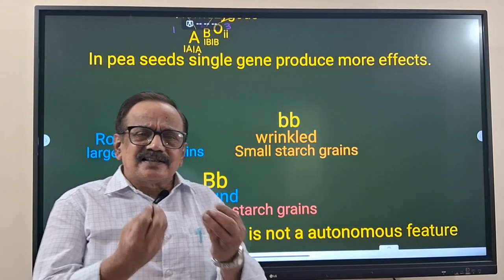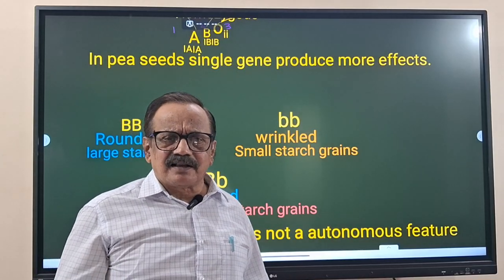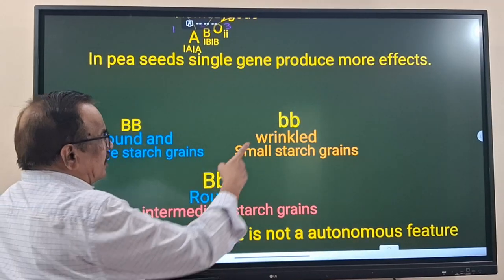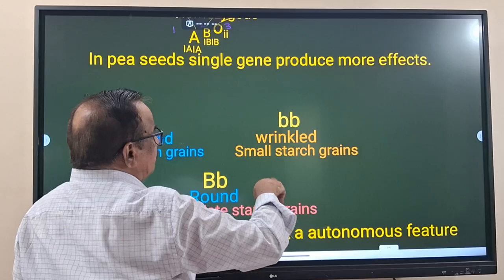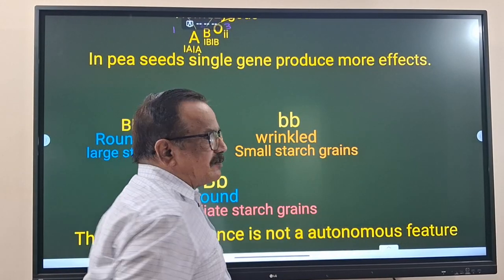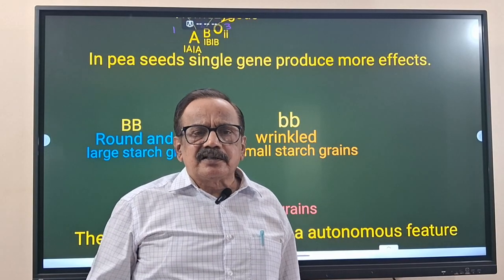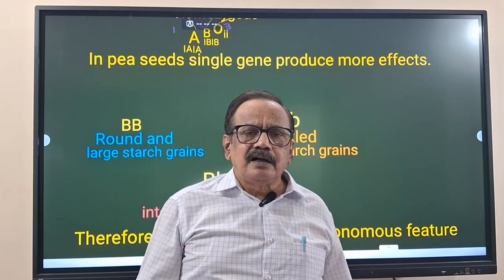Because the starch grains are big, the seed becomes round. And in small bb, which is recessive, there are wrinkled seeds and small starch grains. Because of small starch grains, the seed does not fully expand and becomes wrinkled.